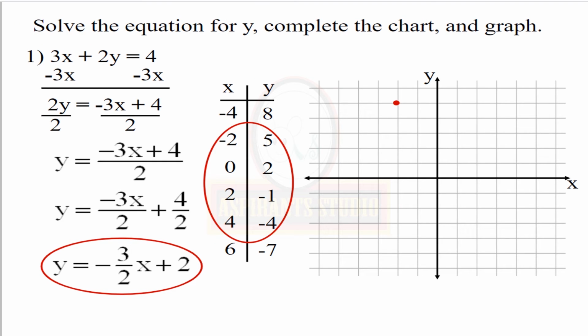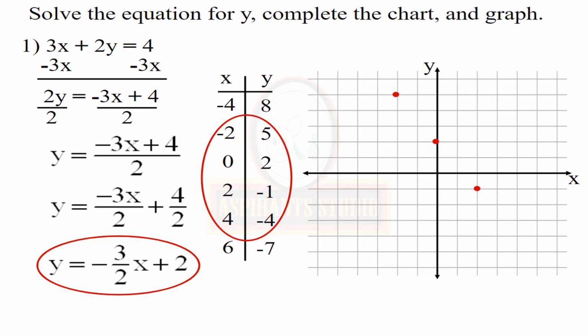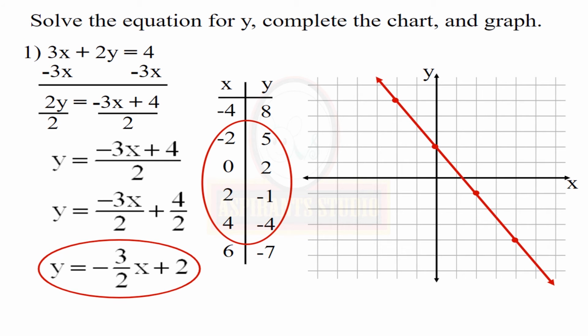Now you have to plot that. I have taken only the 4 values of x and the respective 4 values for y. So ordered pair minus 2, 5 is this point, then 0, 2, then 2, minus 1, then we have 4, minus 4.